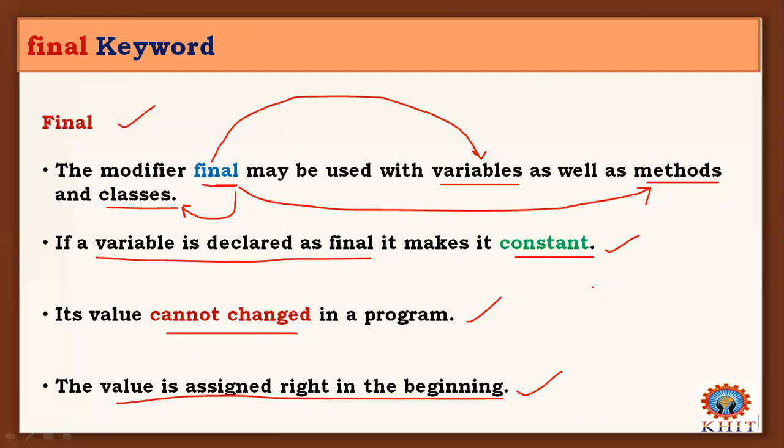Cannot be changed means you are not allowed to modify it. Applying processing is fine, but you cannot change the value in the memory location of that variable.